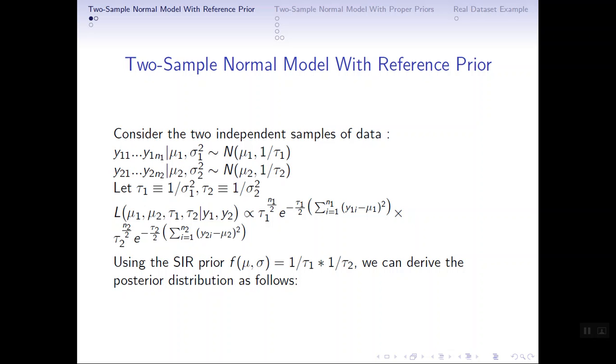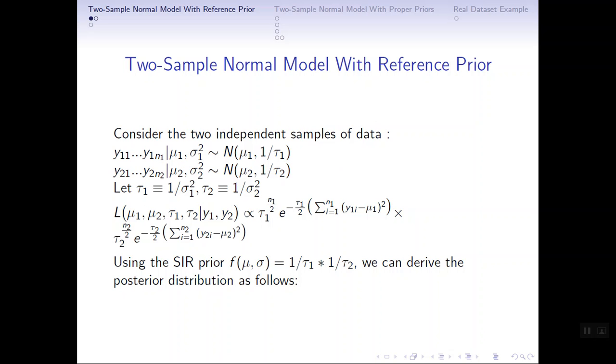In Bayesian statistics, we're actually going to use the precision, which is 1 over sigma squared, and we have that for each sample. So there's two of them. And the likelihood of a two sample is the following. It's this following equation right here. So with tau and the exponential.